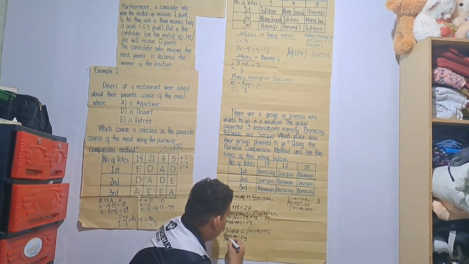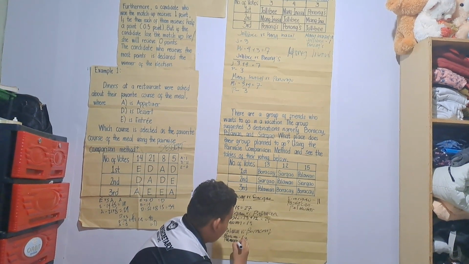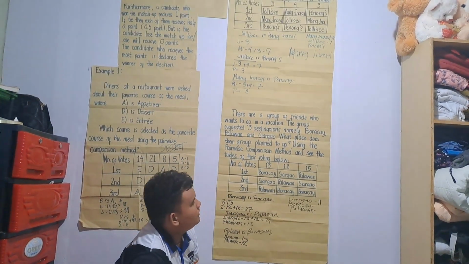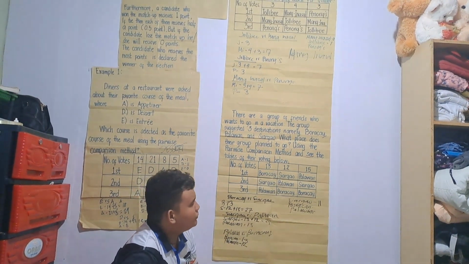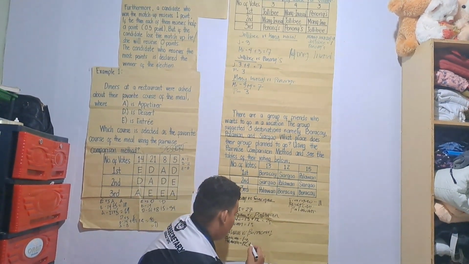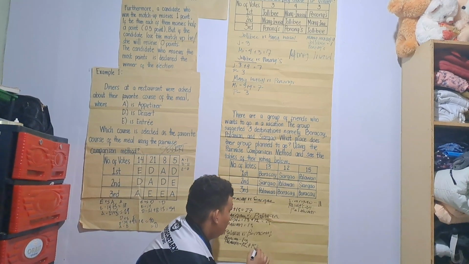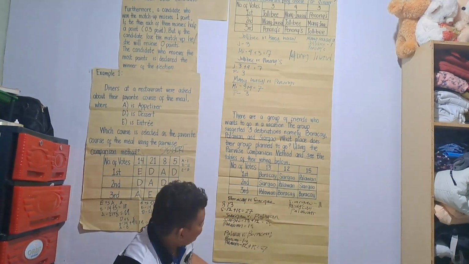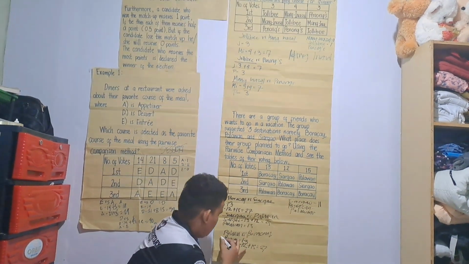Palawan has 12. So, in the third column, 15 voters choose Palawan then Boracay. So, 12 plus 15 equals 27. Ang nanalo sa matchup dito is Palawan.